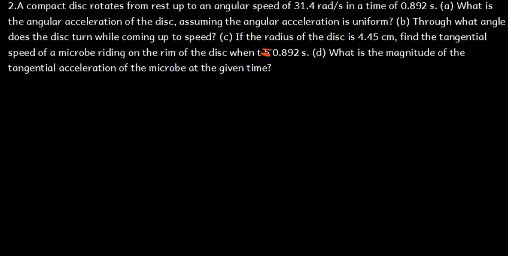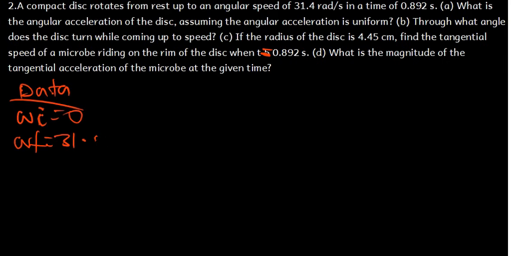So let's come up with the data. What do we know? A compact disk rotates from rest. The initial angular velocity is 0. The final is what we have been given, 31.4 rad per second. What else do we know? We know the time, 0.892 seconds.